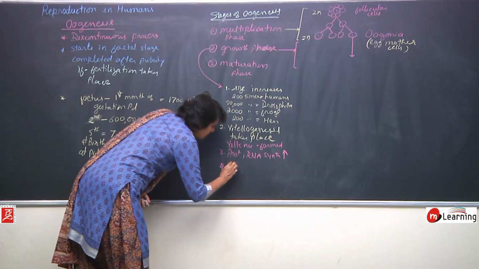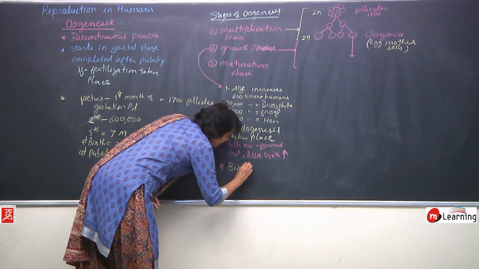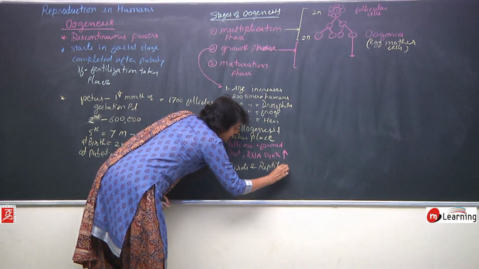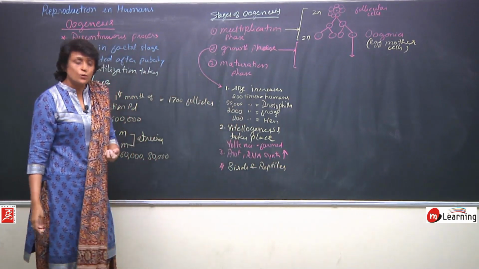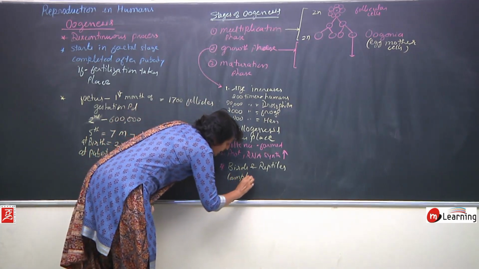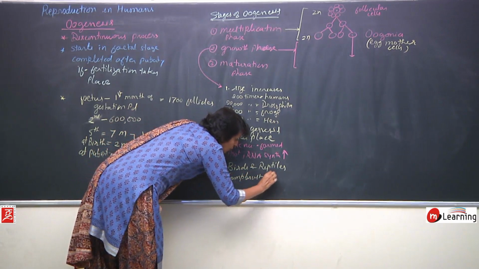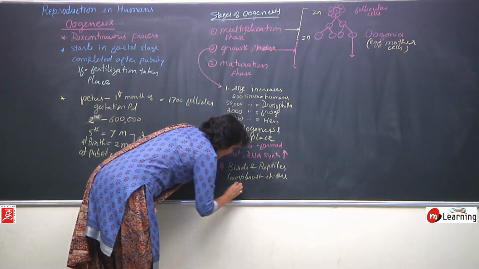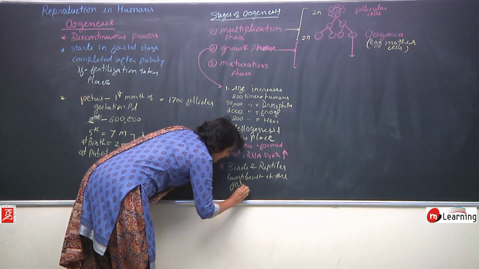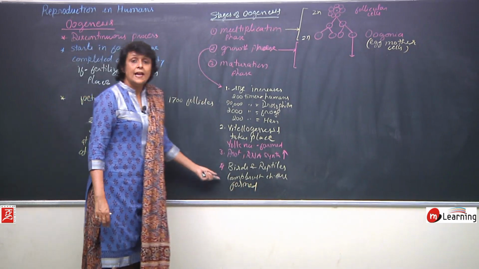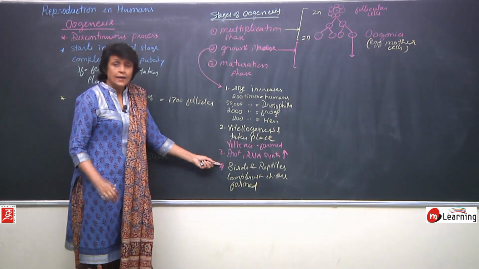So in birds and reptiles, those special types of chromosomes which are known as lampbrush chromosomes are formed. These lampbrush chromosomes help in yolk synthesis.